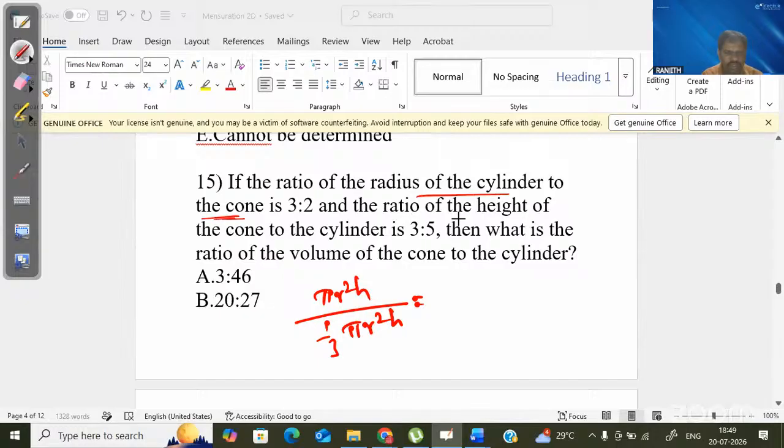The ratio of the volume of cylinder to the volume of cone will be equal to 1 by 3.